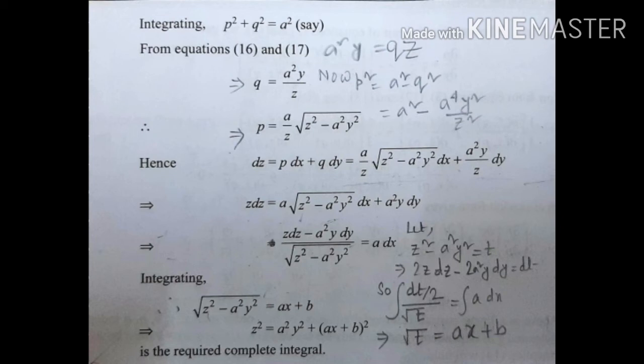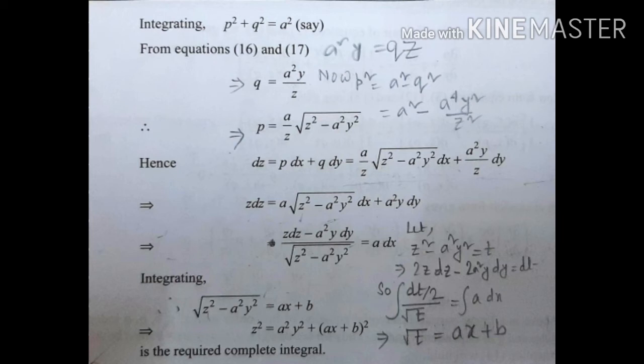Now we rearrange this. We get z dz is equal to a root over z square minus a square y square into dx plus a square y into dy. If we write it properly, we get z dz minus a square y dy by root over z square minus a square y square is equal to a dx.